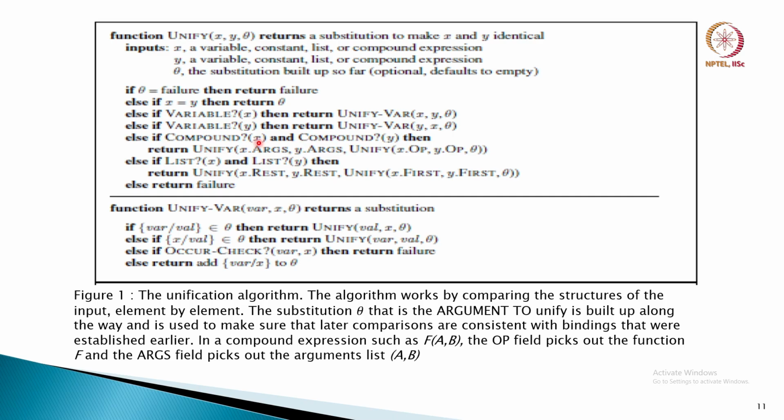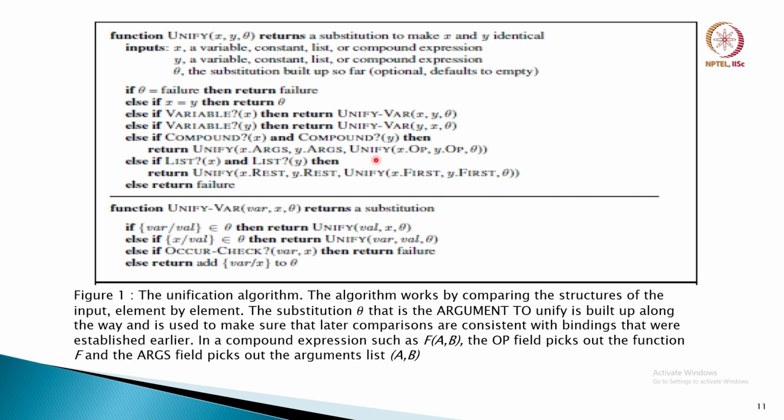When you have P, Q, R and they are compound, then you need to see the arguments in this and the arguments in this, choose the first one here and the first one here, and unify those. Then the rest of it remains in the list, and then again you choose the first one here and the first one there and unify those.